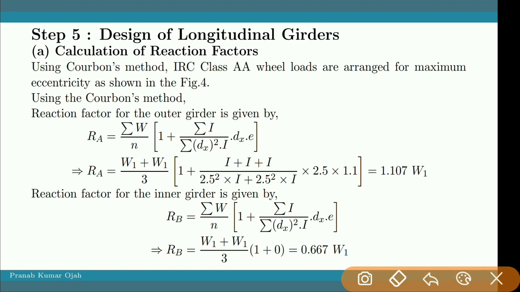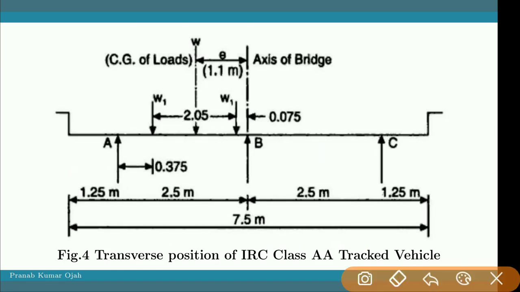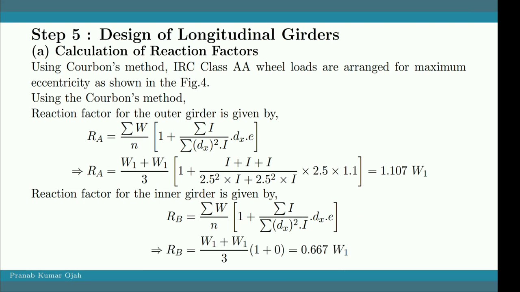So let's use Courbon's method. First of all, I will calculate the reaction factor for the girder A, that is the RA, and this is the formula. We have two wheels each having load intensity W1. So summation of W will be W1 plus W1.